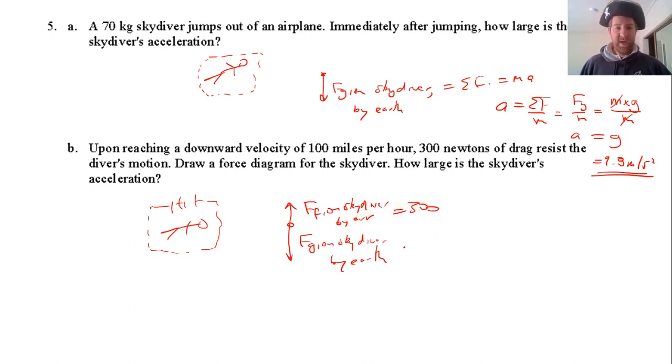We've got a 70 kg skydiver, so the force of gravity is equal to 70 times 9.8 newtons per kg, which is 686.